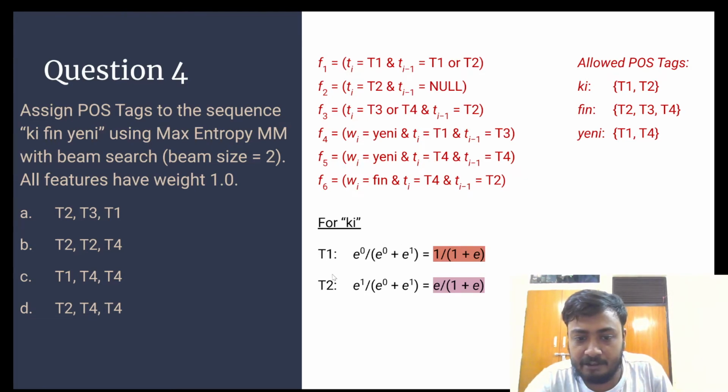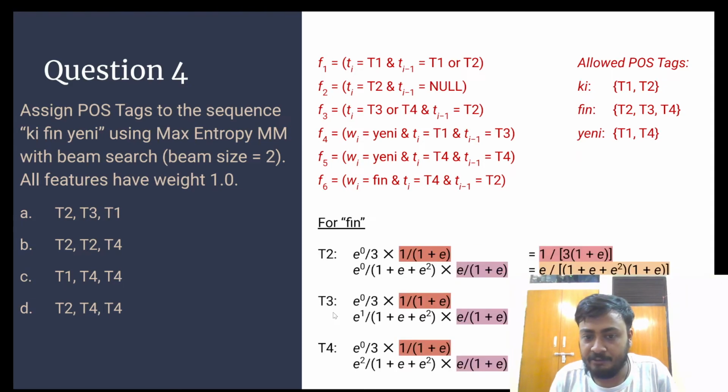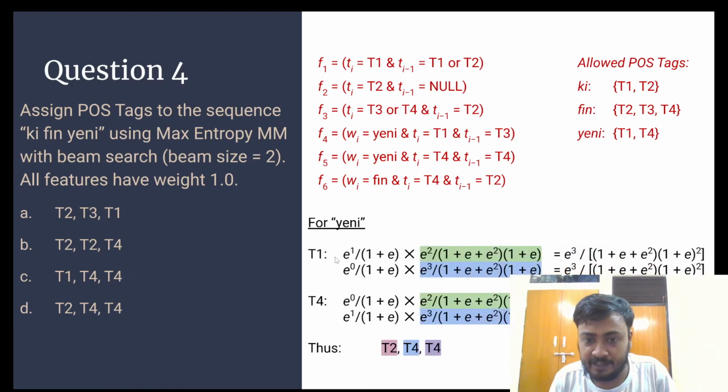Like in our calculation, we have considered for key only T1 and T2. We are not considering T3, T4. For fin, we are not considering T1. For Yeni, we are not considering T2, T3. If this part, the allowed POS tags, was not given, then you would have to calculate all 4 combinations for all steps.